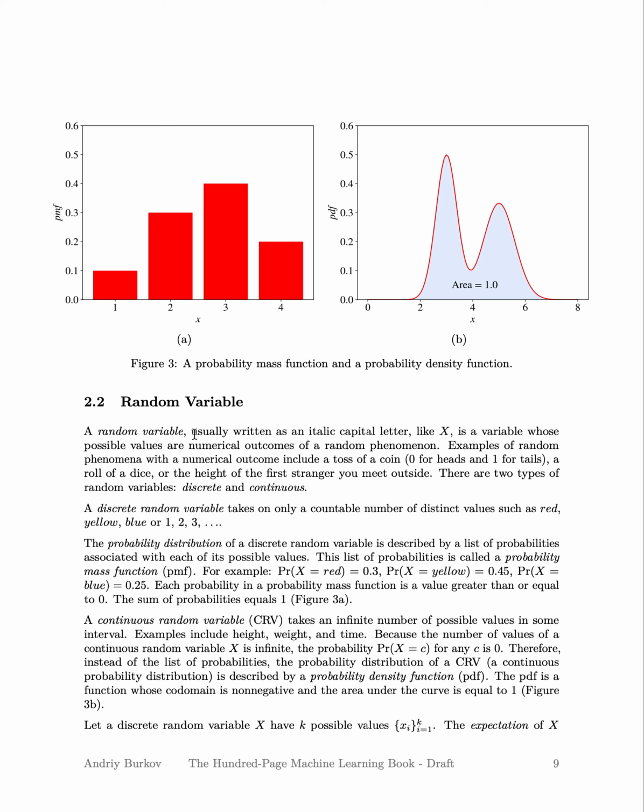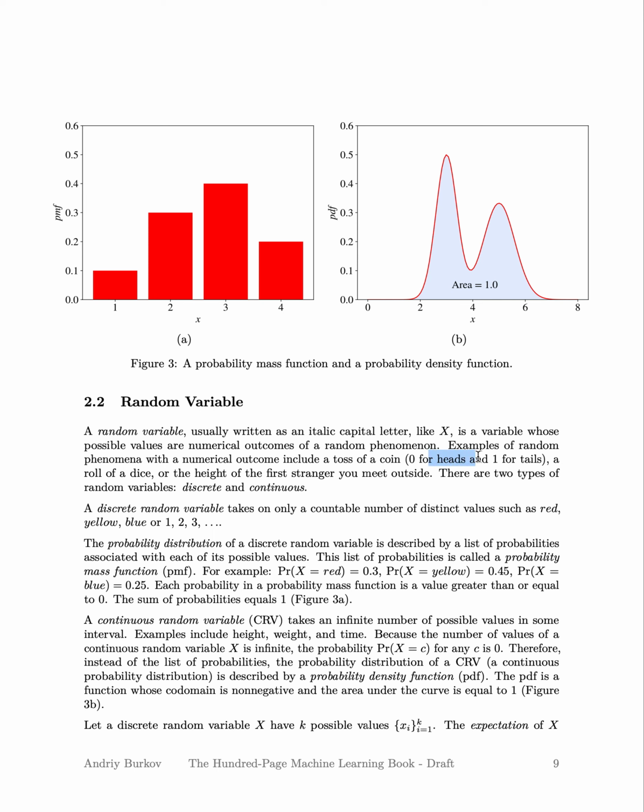A random variable usually will be written as an italic capital letter, which won't be bold, so only X, right? So simply, a random variable can have any value between a set interval, for example, like toss of a coin, or roll of a dice.